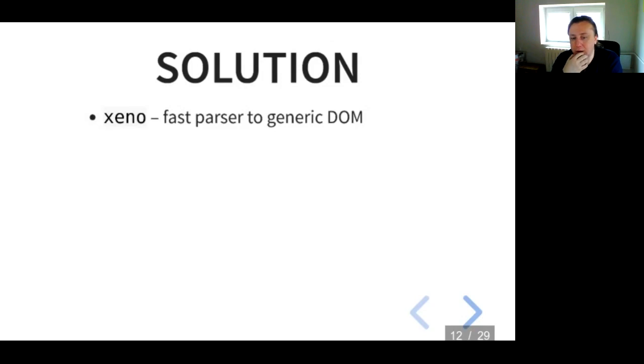So there is already one solution in Haskell space. This is a fast parser that creates a generic DOM. There are also slower parsers that allow you to read a wider spectrum of documents, but we are usually interested here, at least during this talk, in fast parsing of large documents, like SpreadsheetML, which is part of Microsoft Excel files.